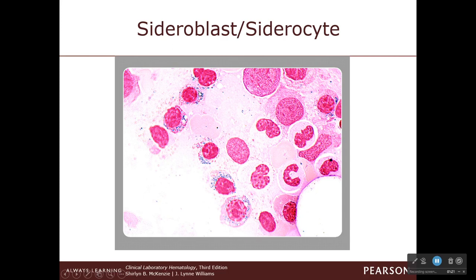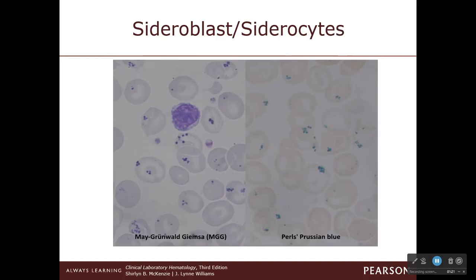That's a sideroblast in the bone marrow. If you don't, you know you're not getting erythropoietin production like you should. You don't have enough iron, so you're going to see a decrease in the cells. This is a siderocyte. This is Pappenheimer bodies, and then this is Perls' Prussian blue, and you can see the difference in the colors.